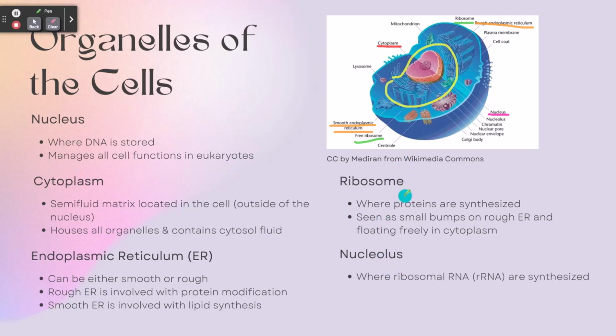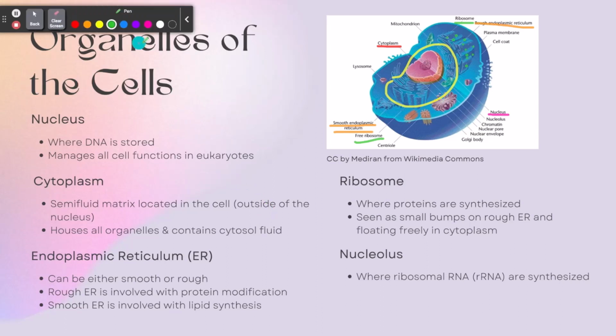And we can find these ribosomes on the rough ER as small bumps here, which I'll draw little dots here to represent those, or they're also floating freely in the cytoplasm, which where it says free ribosome, it's just essentially located in the cytoplasm, which is this yellow area I've marked here.